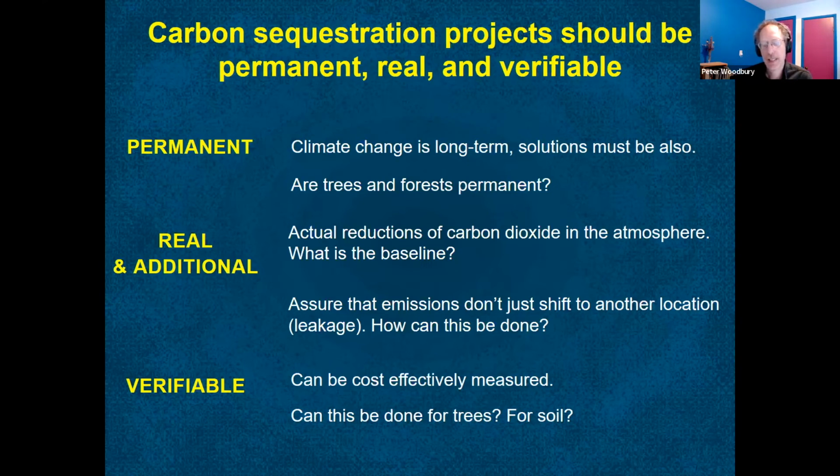And if that happens, there's no real benefit to the climate at all. And then verifiable. We want to make sure if we're making an effort to sequester carbon that we really are storing carbon. An advantage of trees is they can be measured and we can pretty accurately estimate how much carbon is being stored in them.